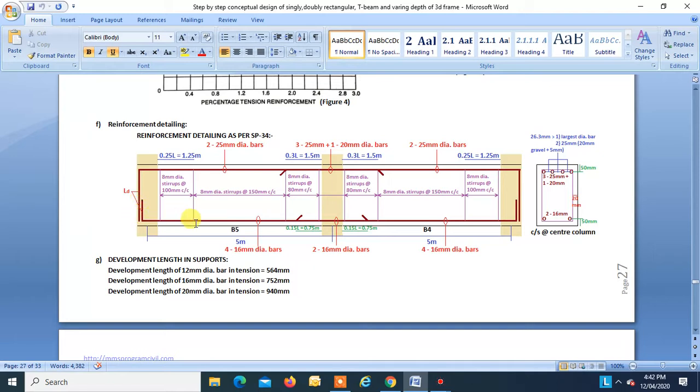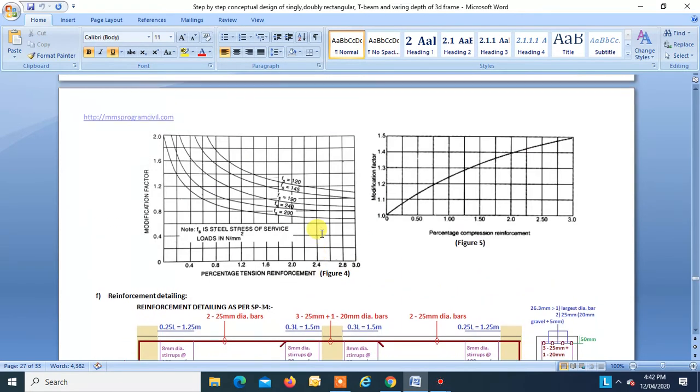We are continuing two 16 mm dia bars throughout, and two 16 mm dia bars are curtailed over here, and these two are curtailed over here at a distance 0.15 L, that is 0.75 meters from the support. That is the only change. Otherwise, the stirrup spacing and everything is the same. That is something we have already understood in part 1.